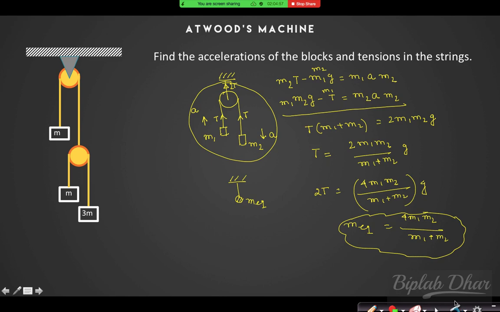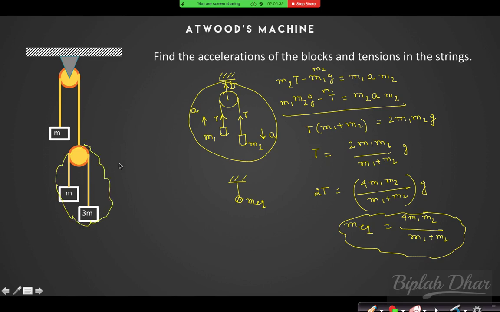So just wait a minute. Now can you tell me what is the equivalent mass for the right hand side pulleys?